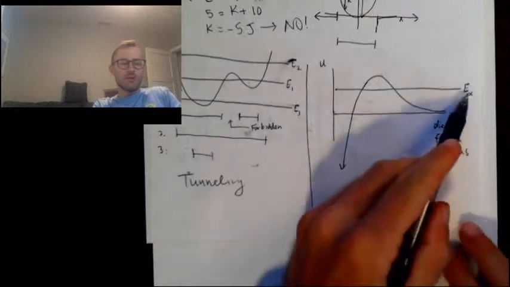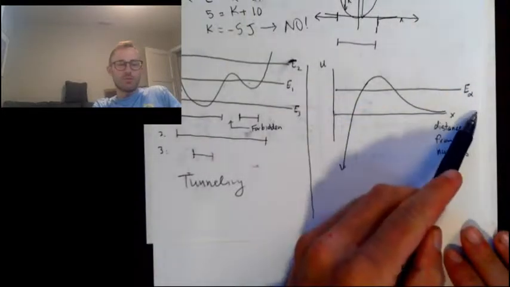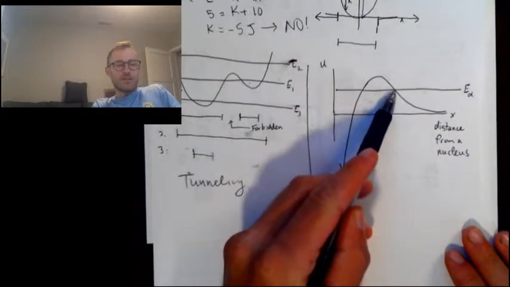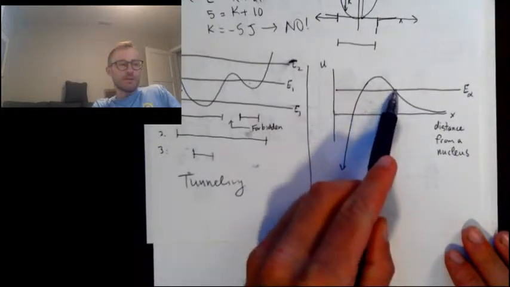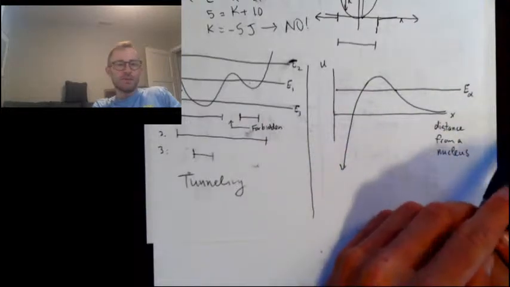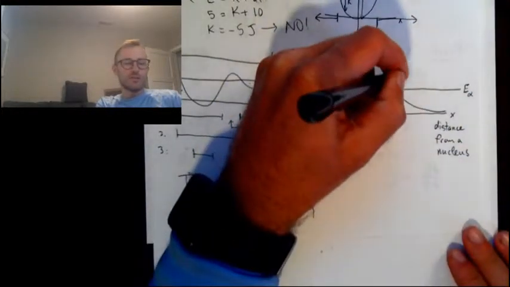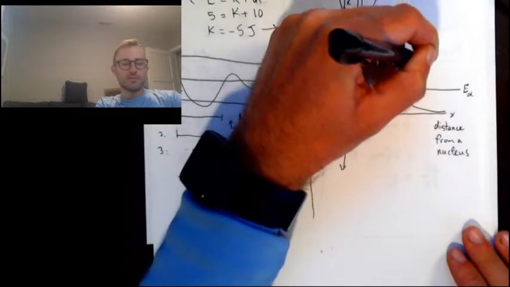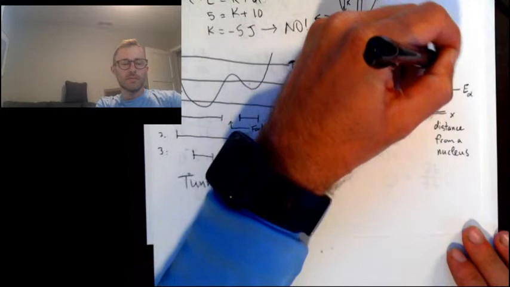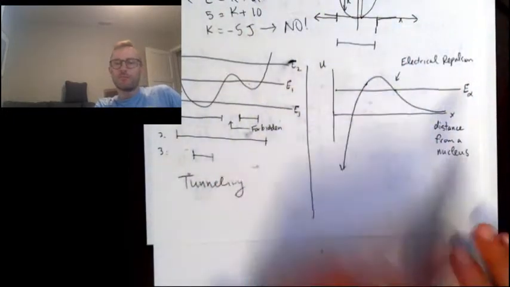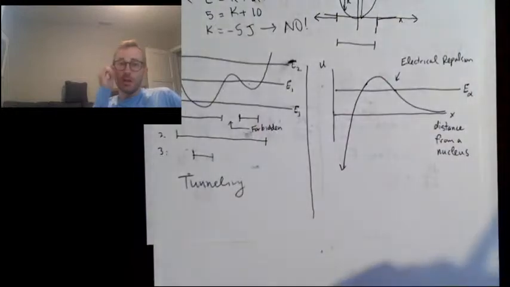So this alpha particle is going to approach the nucleus, and then it's going to hit the turning point here. This is called the turning point, and it's going to get bounced back. Okay? So this is electrical repulsion.